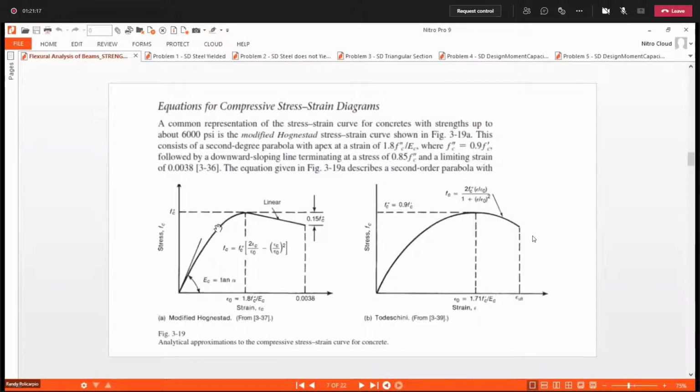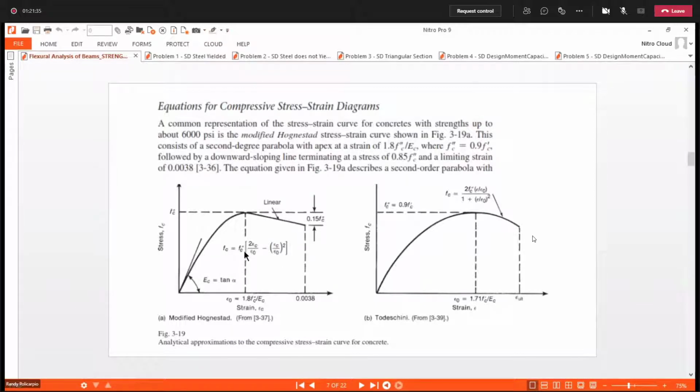Second degree parabola at this point, yung pinaka-apex, then straight line until it reached the strain at 0.0038.